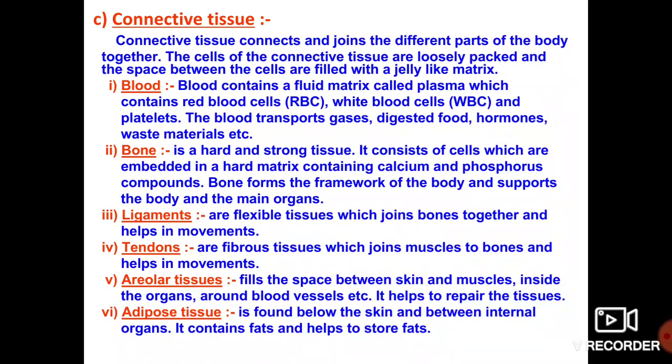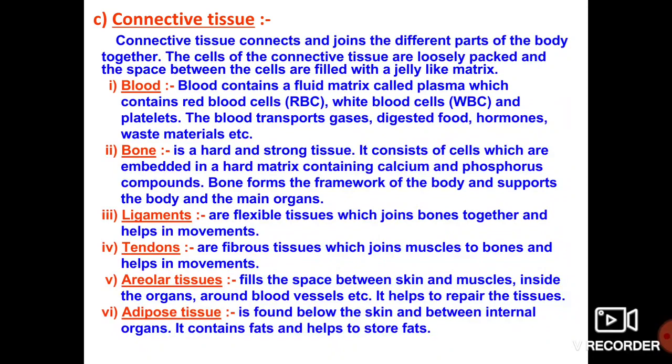At that time that reserved fat will be utilized for various biological activities in the body. So which tissue stores the fat? Yes, this adipose tissue plays a major role in storing fat. Do you know where this adipose tissue is located? Yes, this adipose tissue is located below the skin region.